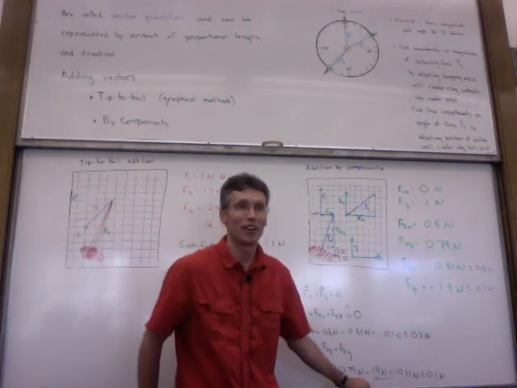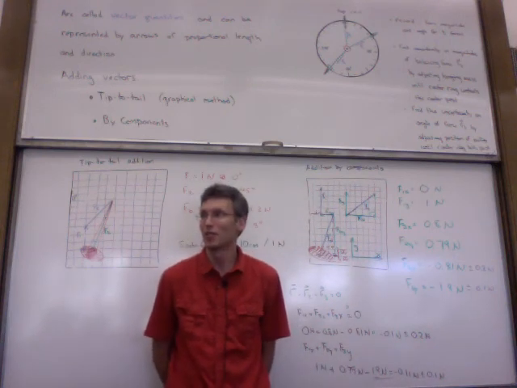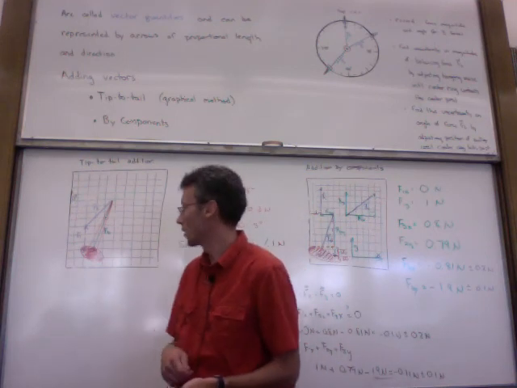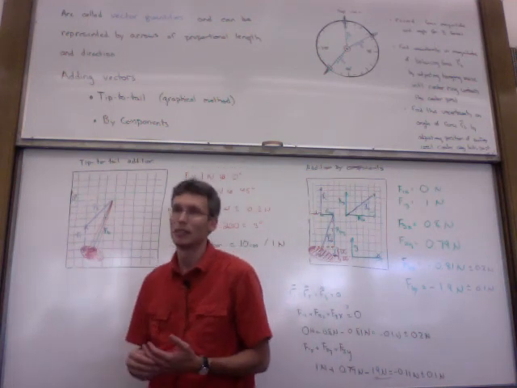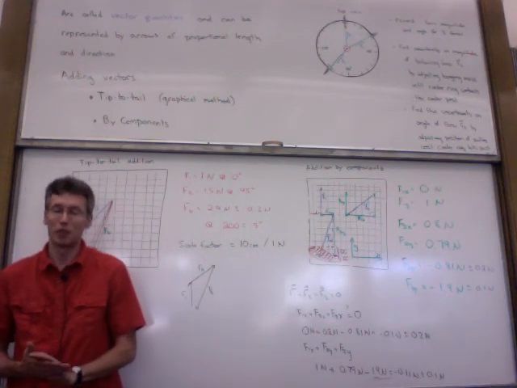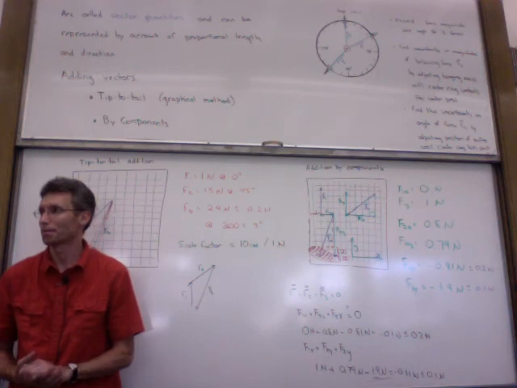Was I able to add the vectors and get 0? No. We need both components of the vectors, or we need both the magnitude and the angle to agree in order to say that we've measured what we expected. So that's the experiment. Any questions?